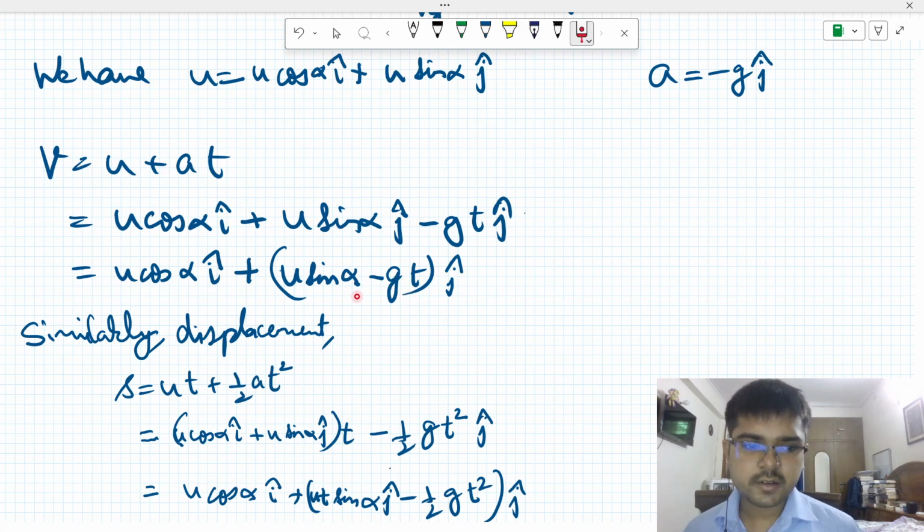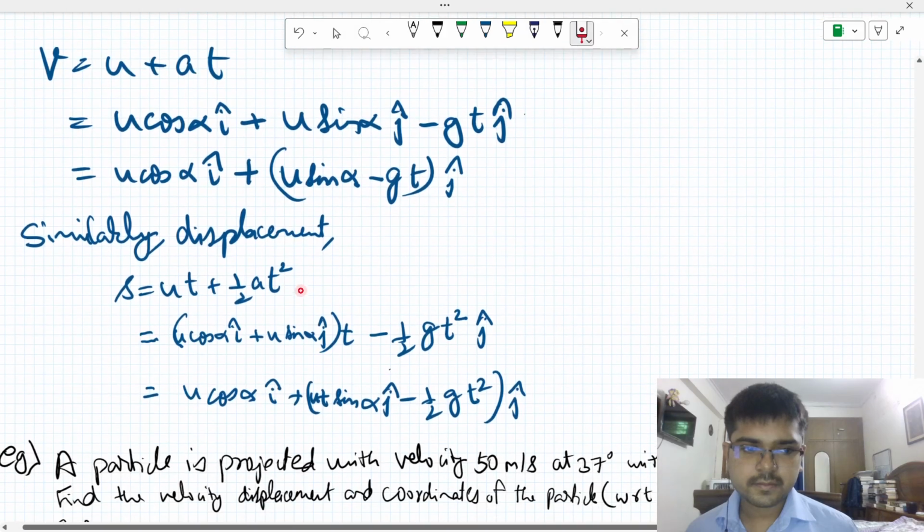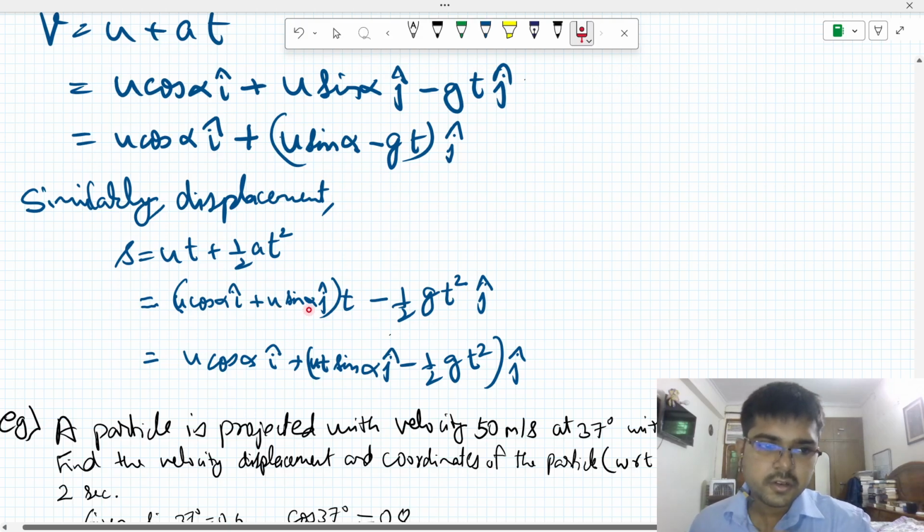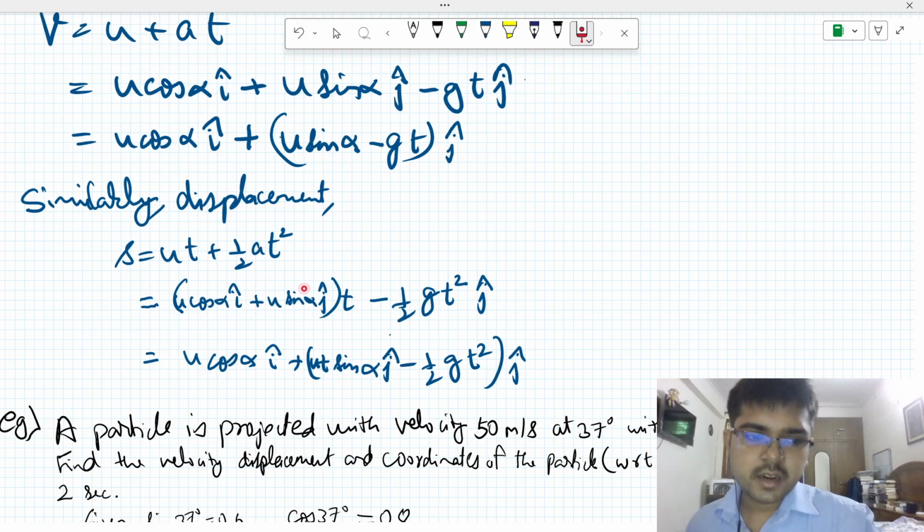Similarly, for displacement we have s is equal to ut plus half at square, and the u value we have given here, and the half at square value is given here. Now we can take i cap and j cap values separately: u cos alpha t i cap plus u t sin alpha minus half g t square j cap. So that is how we find the position.